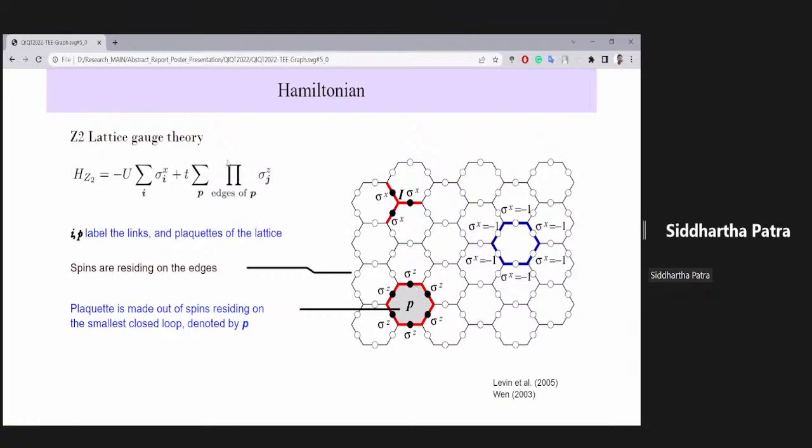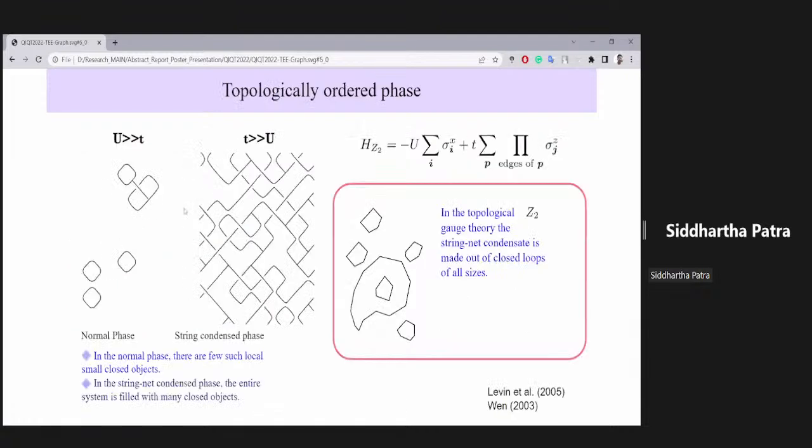Now, when the second term of the Hamiltonian dominates, then these plaquettes or closed loop-like non-local objects get activated, which are called string loops. And in the strong T limit, when the second term dominates, loop-like objects of all sizes dominate, which is called a string-net condensed phase. This is a liquid phase of these closed loop-like objects. As you can see on the left, when T is small, there are very few closed loop-like objects.